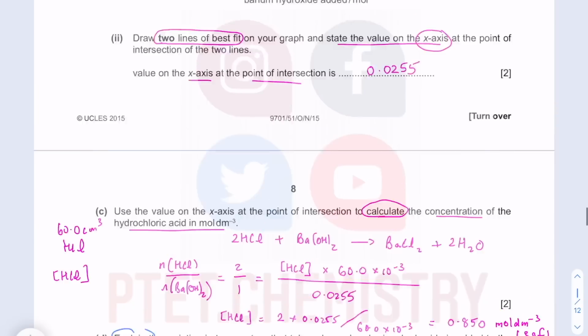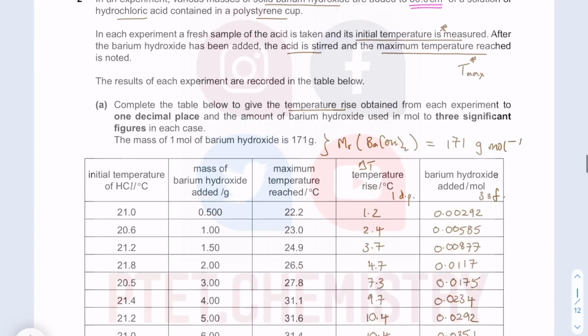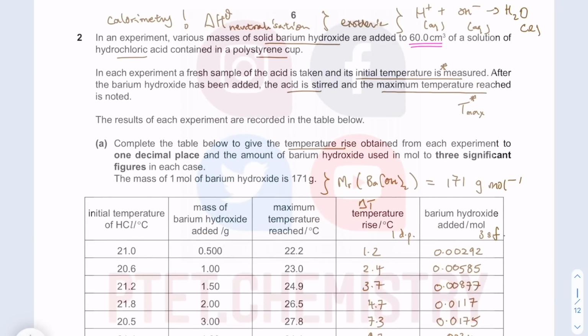Another thing you could be thinking about is the barium hydroxide, which is added as a solid. In order for the temperature rise to be as accurate as possible, you want the reaction to take place fairly rapidly.